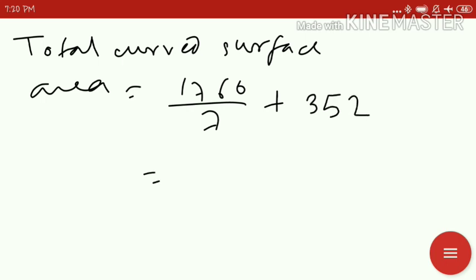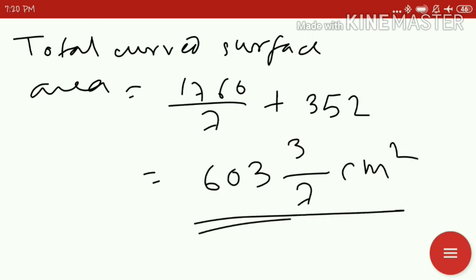If you add them and convert to a mixed fraction, you will find the result as 603 whole 3/7 centimeter square. That is our answer for the total curved surface area, and the volume, as I already found, is 616 centimeter cube. Those two are the answers. I hope you have done it very well, and now we are moving to the next problem.